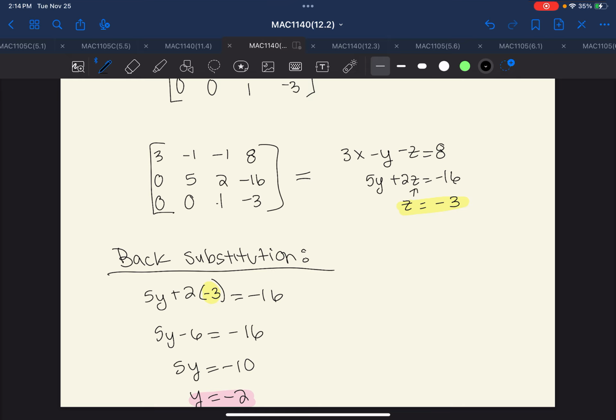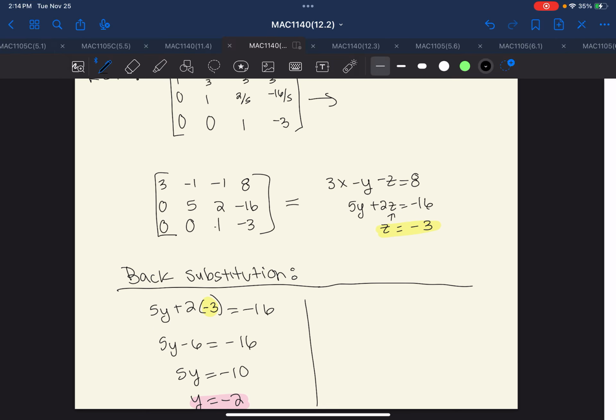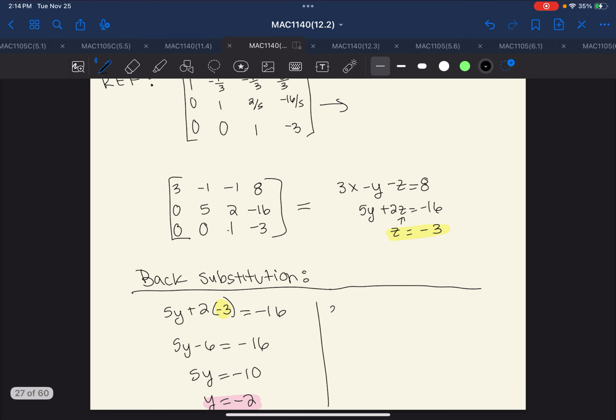And finally, I just need a value for x. So I will use the first equation and plug in both y and z. This would be 3x minus -2 minus -3 is equal to 8, which will give me 3x plus 2 plus 3, so plus 5. Subtract 5 over, so 3x is equal to 3, so x is equal to 1.